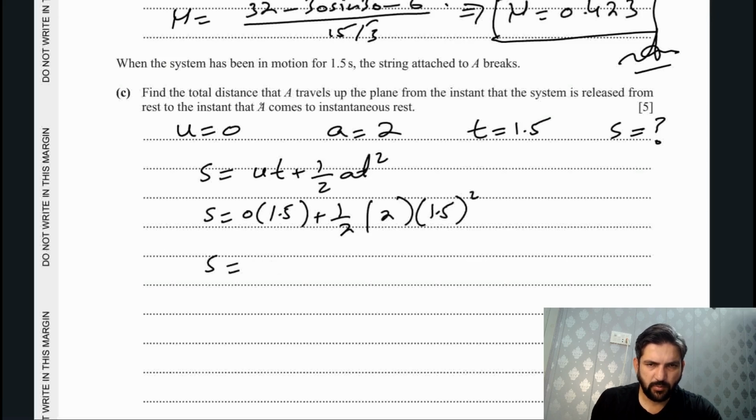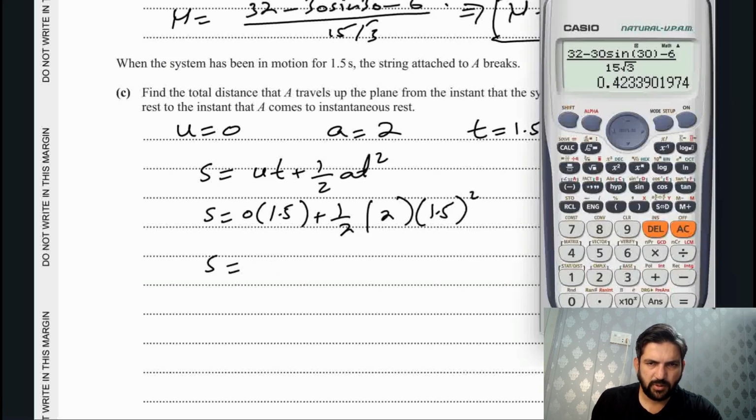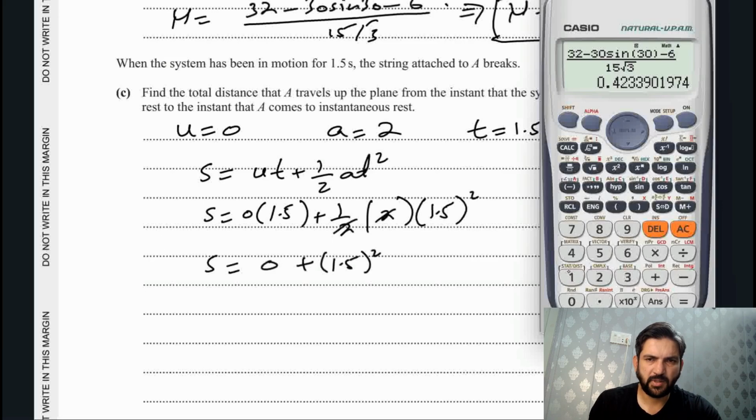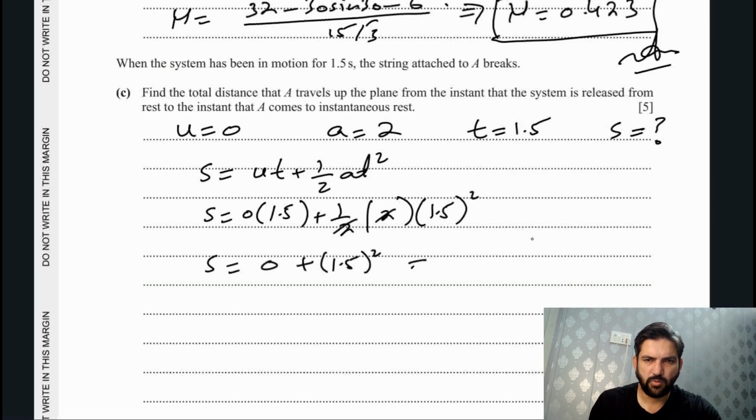If we simplify directly on the calculator, we get 0 plus 1.5 squared. We can cancel out these two. So 1.5 squared will be 2.25. So the distance will be 2.25 meters.